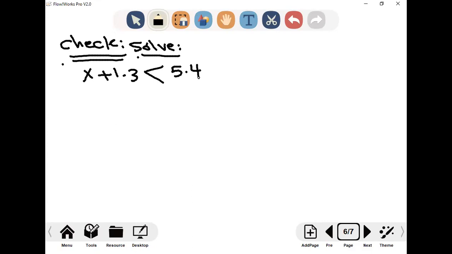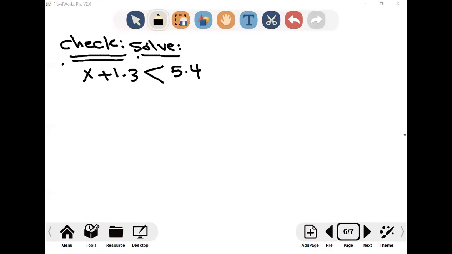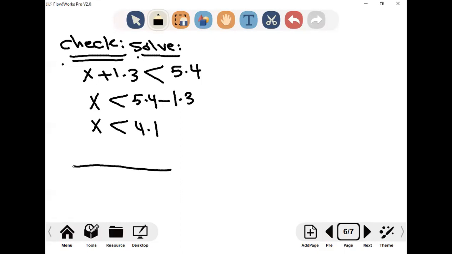Down here, they put a number line with numbers, so after you find the solution, you will know the number. Let's solve it. So x is less than 5.4 minus 1.3. X is less than 4.1, and graph it.